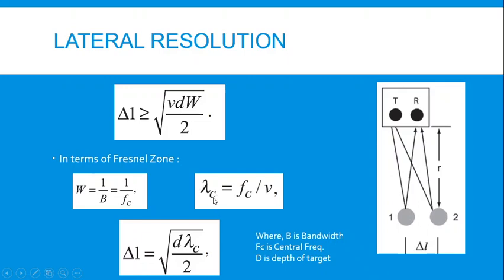So we can replace the factor V divided by FC by lambda C. Here comes the lateral resolution in terms of depth and wavelength.